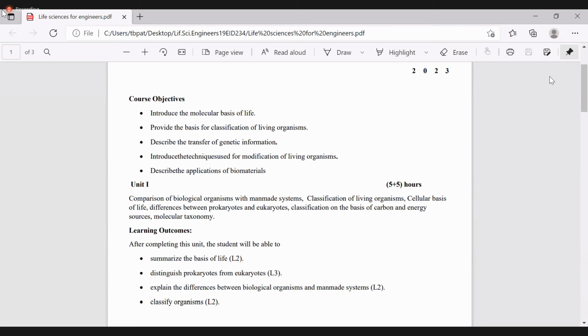This one, RT-PCR. PCR is polymerase chain reaction, and RT is reverse transcription. Through reverse transcription polymerase chain reaction only, this particular virus is identified. Different stages and different temperatures, through which only we can match it.